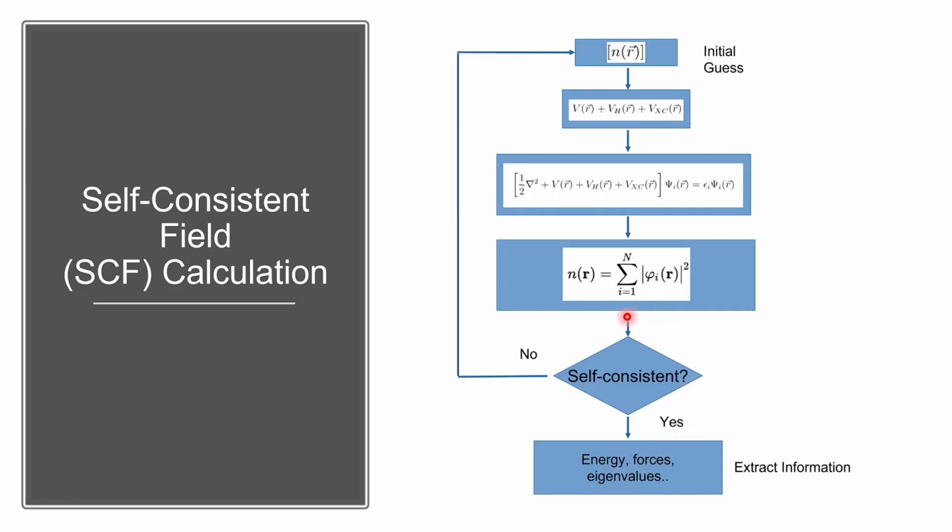And from there, since we have these three, we can extract the information from the system: energy, forces, eigenvalues, and then we can use those in our non-self-consistent field calculation. Since we already know these three, we don't have to use the self-consistent field calculation, and we can just obtain the band structure, etc.